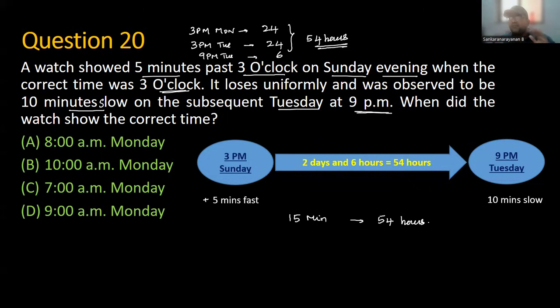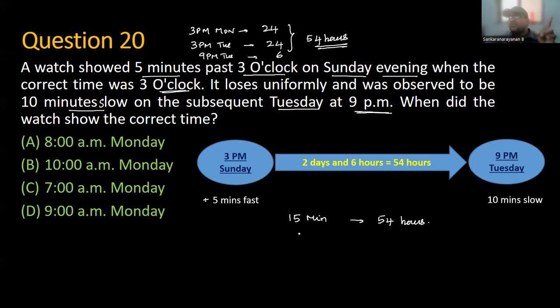Do you agree with me? From plus 5 to minus 10, the gap is 15 minutes. So 15 minutes lost in altogether 54 hours. Got it?